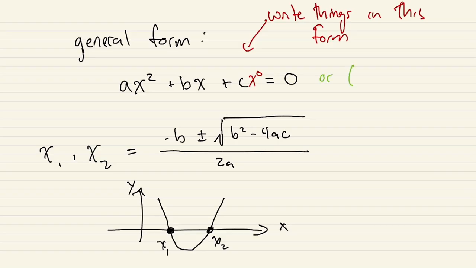If you can get it to x minus x1 times x minus x2 equals 0, then that gives you that x1 is one solution and x2 is also a solution. So there will be cases where it's easier to analyze the answer in terms of that, and sometimes you're going to have to actually use the quadratic formula to solve for it.